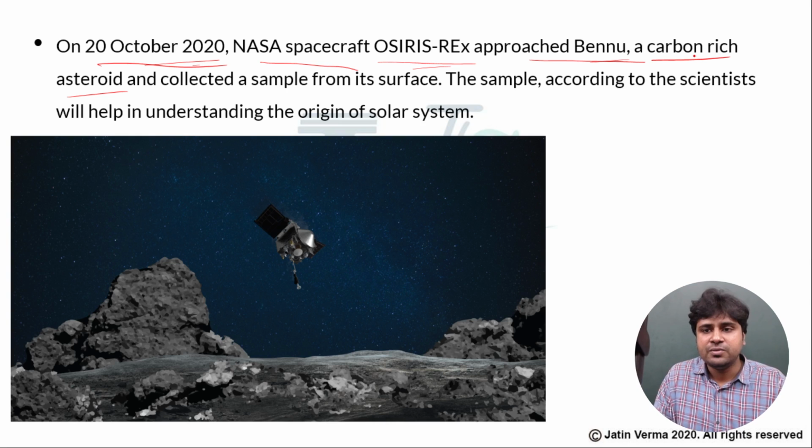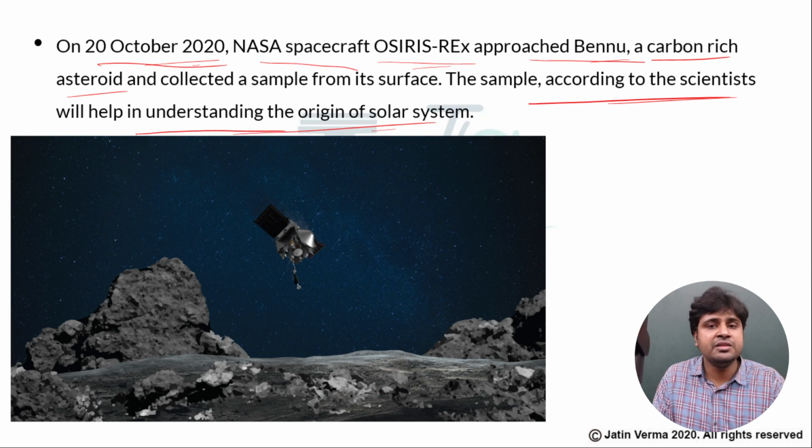The asteroid Bennu is made up of carbon compounds. Scientists say that if you analyze these compounds collected from Bennu, it might reveal the secret behind the forming of the solar system. The sample will help us understand the origin of the solar system. Clear?